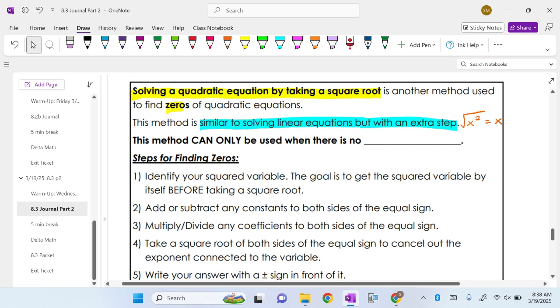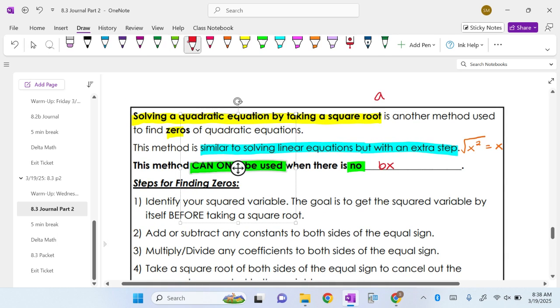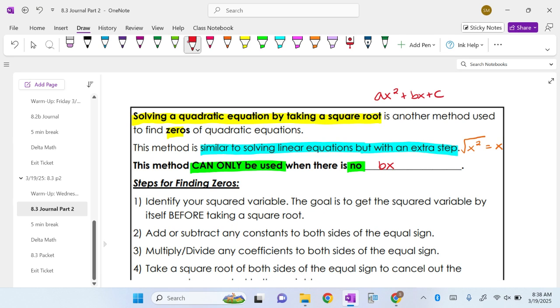Now, this method, here's the constraint. This method can only be used if there is no bx value. So remember, when you have ax squared plus bx plus c, this bx cannot be there in order for you to use the square root.